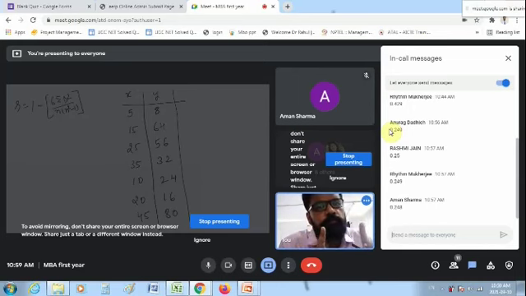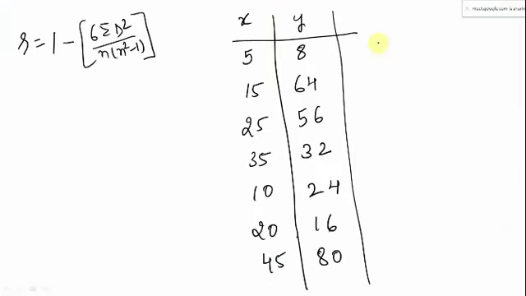Yes. We are talking about the cases where ranks are not given and we have to rank the data. So let us do the ranking, and I am following a very simple process: I am giving the first rank to the highest one. First we will do the ranking for x. Which is the highest number in x? 45.